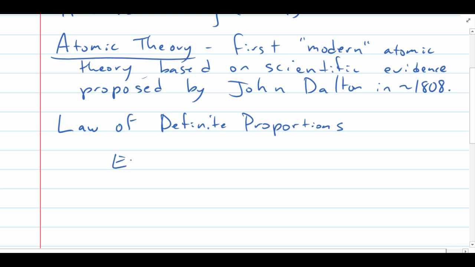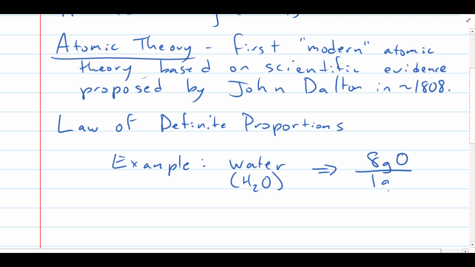But one such example of this might be if we were to look at the composition of water. Remember that the formula of water is H2O. And in H2O, what we found out was that there was 8 grams of oxygen for every 1 gram of hydrogen.